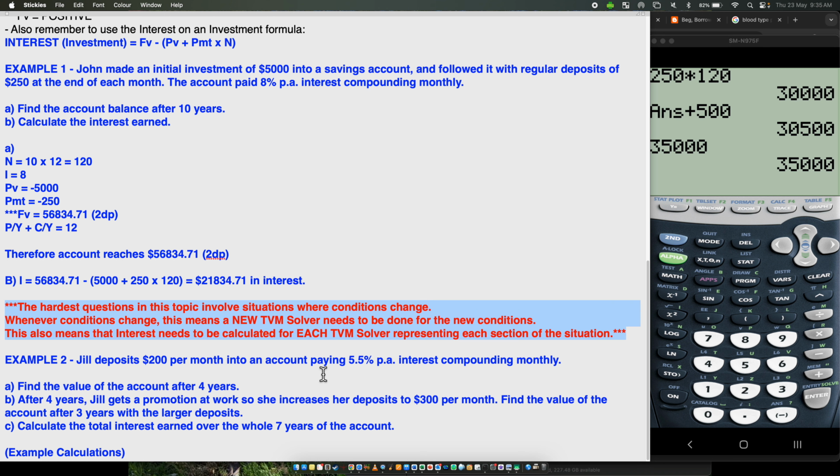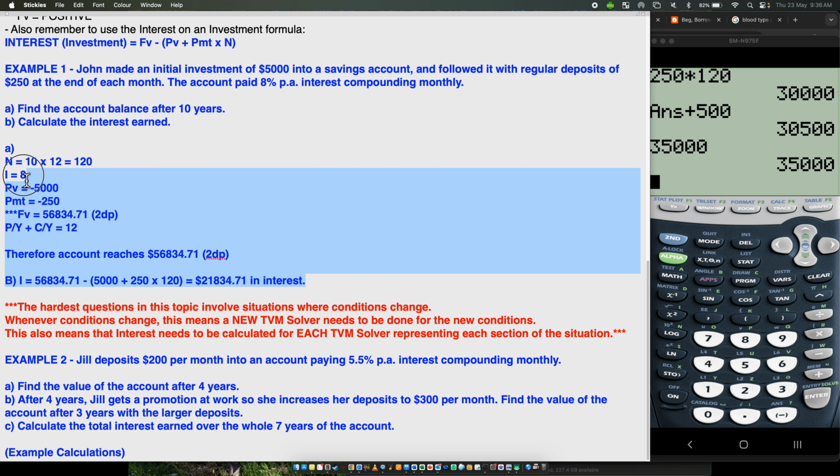All right, let's talk about the hardest ideas in this topic. It doesn't actually change the maths that you do, it just gives you more steps. Which is annoying, but according to SACE, TVM solver questions aren't that complex because all you need to do is chuck the number into the variable. What SACE says is complex is when situations change.